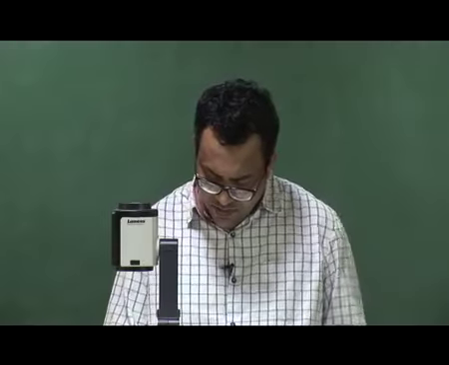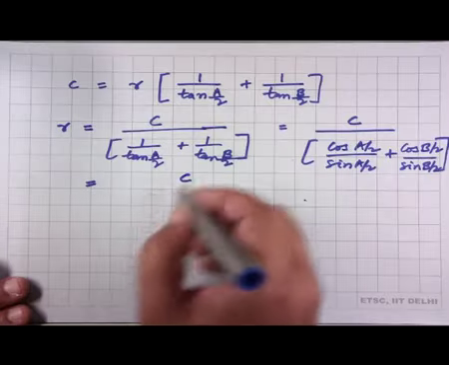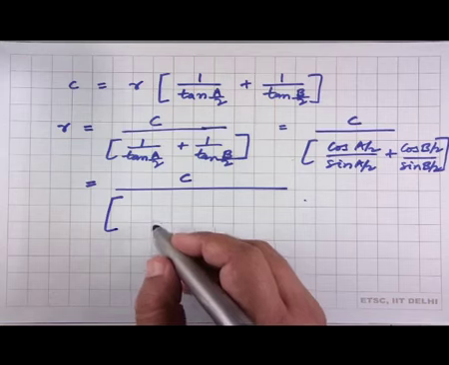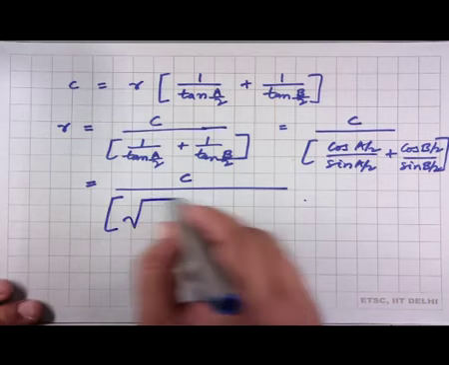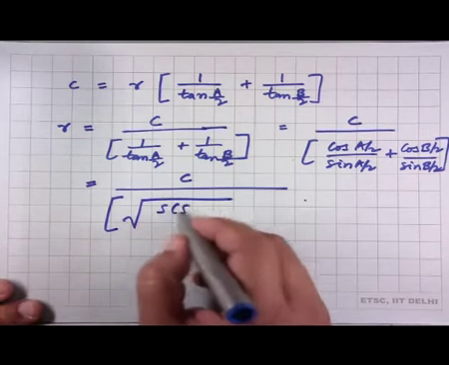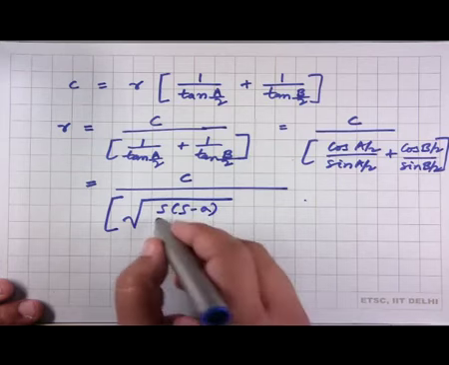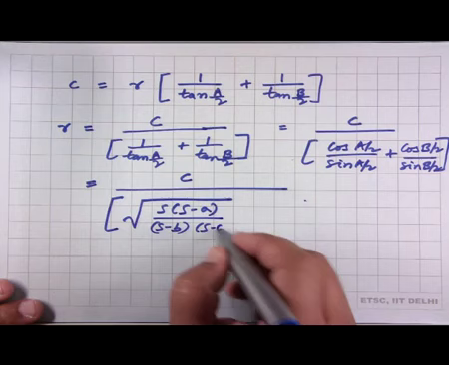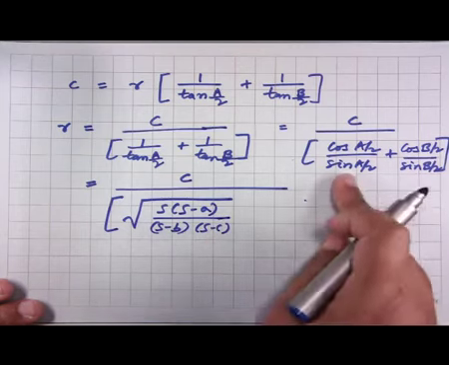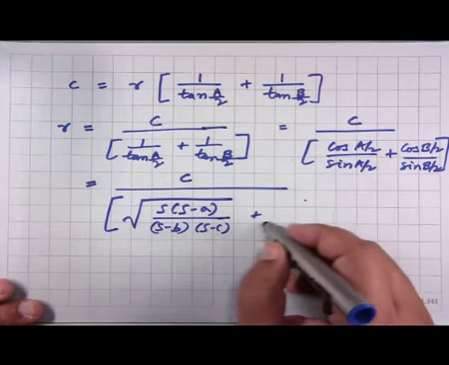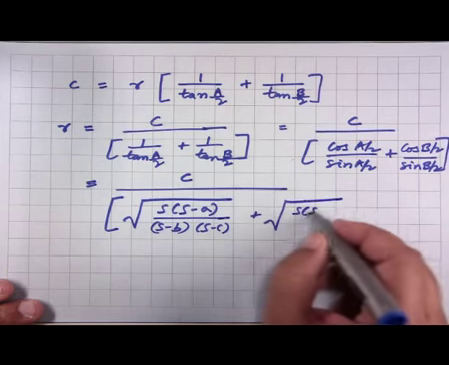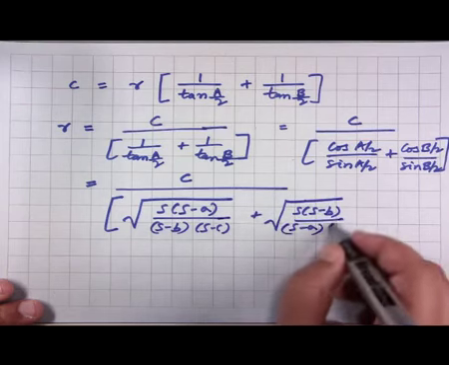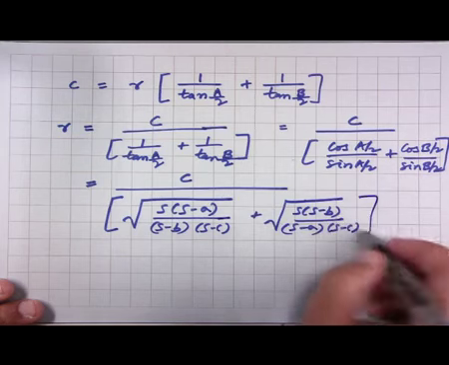So, what we get finally is that r is equal to c upon square root of s into s minus a upon s minus b into s minus c, this is the first ratio, plus square root of s into s minus b divided by s minus a into s minus c.